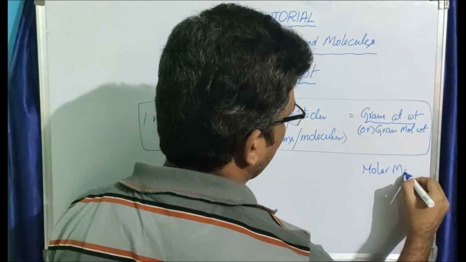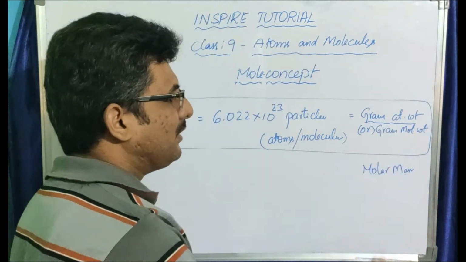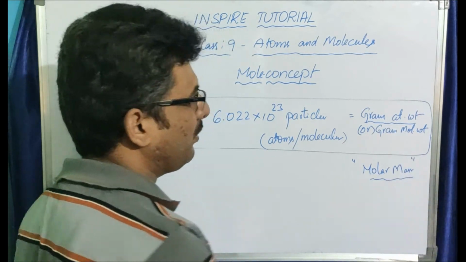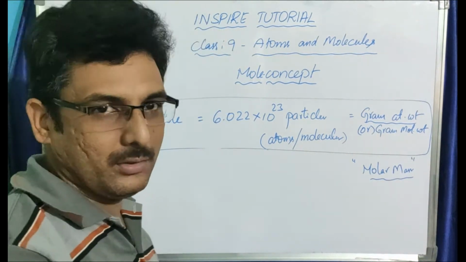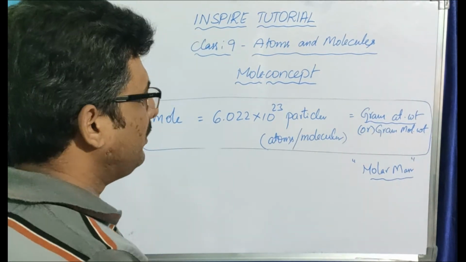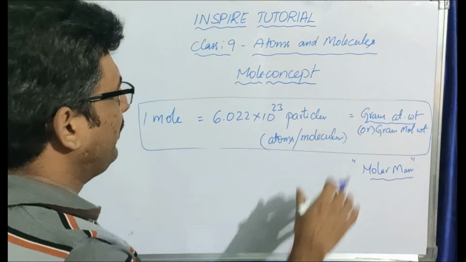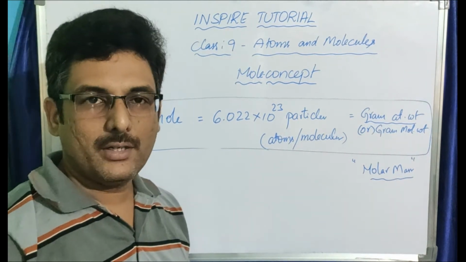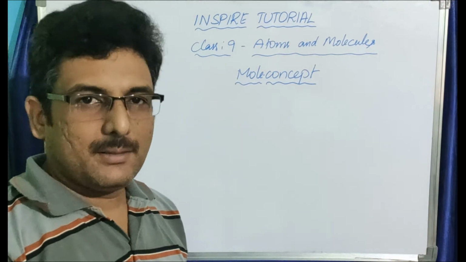So it can be gram atomic weight or gram molecular weight. So this is the relation between mole, number of particles, and molar mass. Let us see some examples.